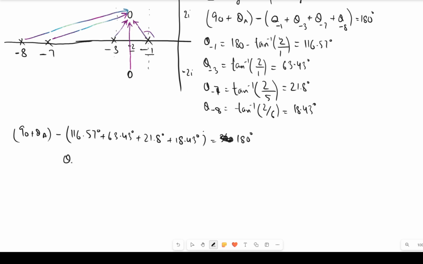And if I solve this, you'll get theta A equals 310.23 degrees. Or I can write this in the negative form as 360 minus 310.23 degrees.